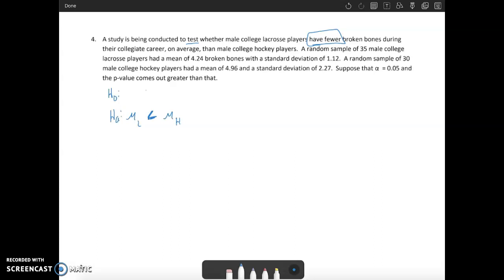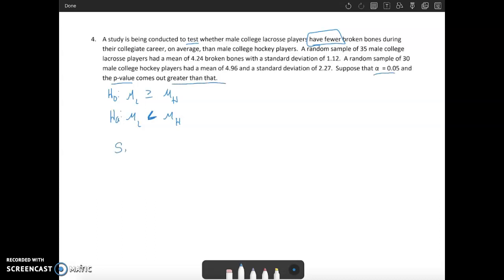So then my null would be the complement of that: mu of lacrosse is greater than or equal to mu sub hockey. We're given the information that P came out greater than alpha.